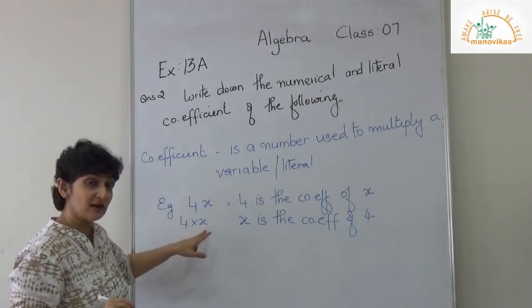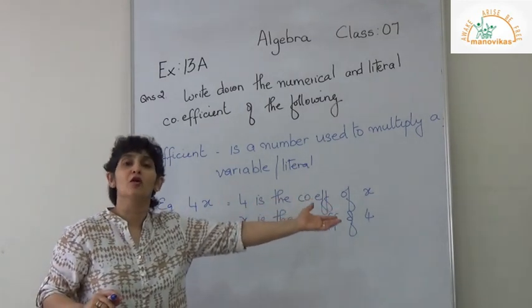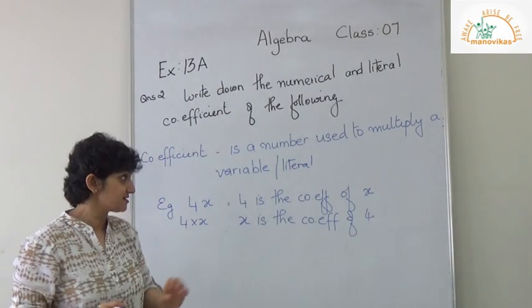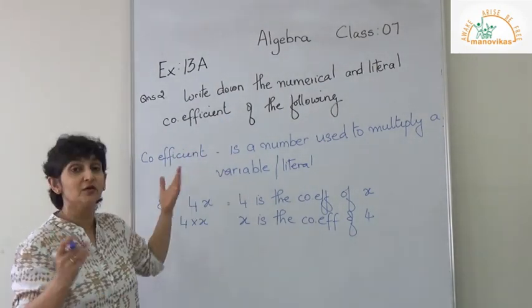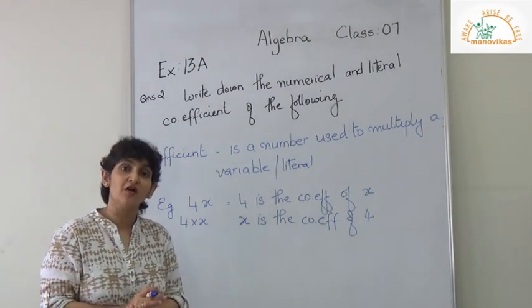So 4 is multiplied to x. So I can say 4 is the coefficient of x. So that becomes my numerical coefficient. And if I ask you the literal or the variable, then I would say x is the coefficient of 4.